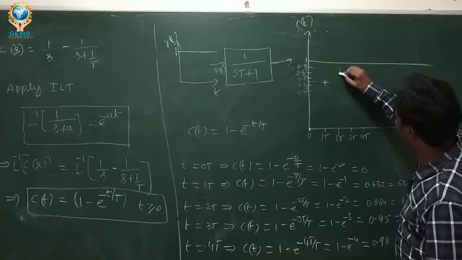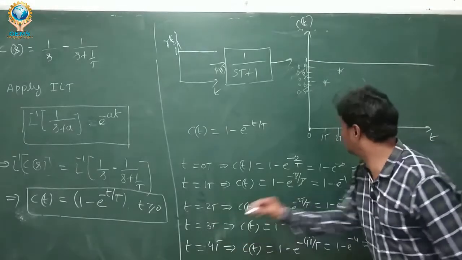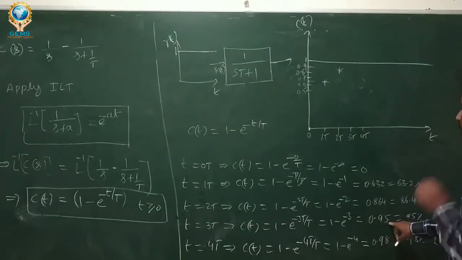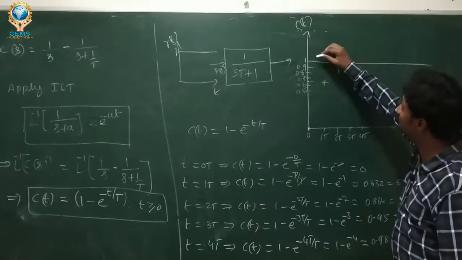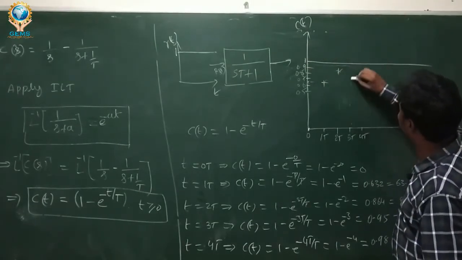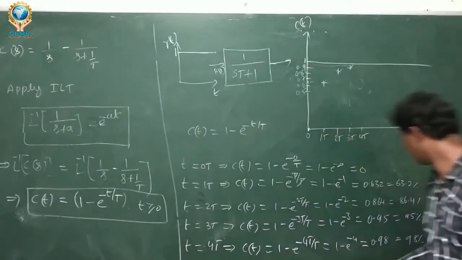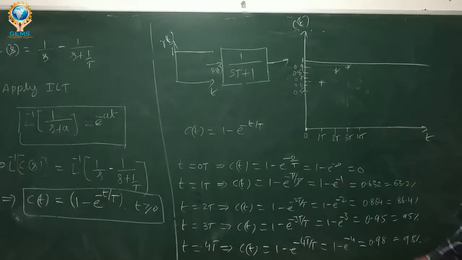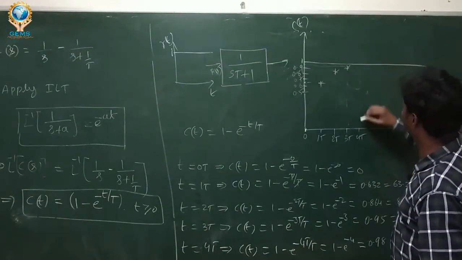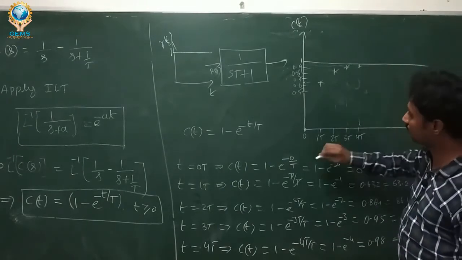Next, when you substitute t is equal to 3T, you will get 0.95, somewhere here. We substitute t is equal to 4T, and our response is 98 percent, meaning 0.98, somewhere here.